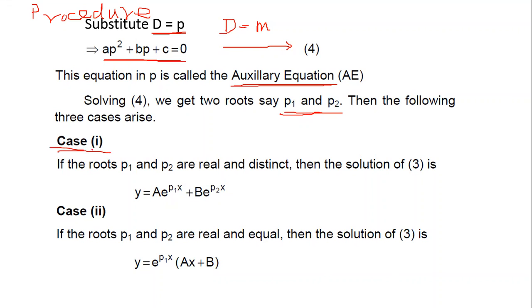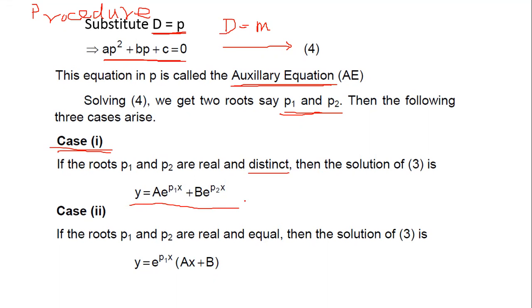Case 1. If the roots p1 and p2 are real and distinct, distinct meaning different, then the solution of the homogeneous equation is y equal to a e power p1x plus b e power p2x.